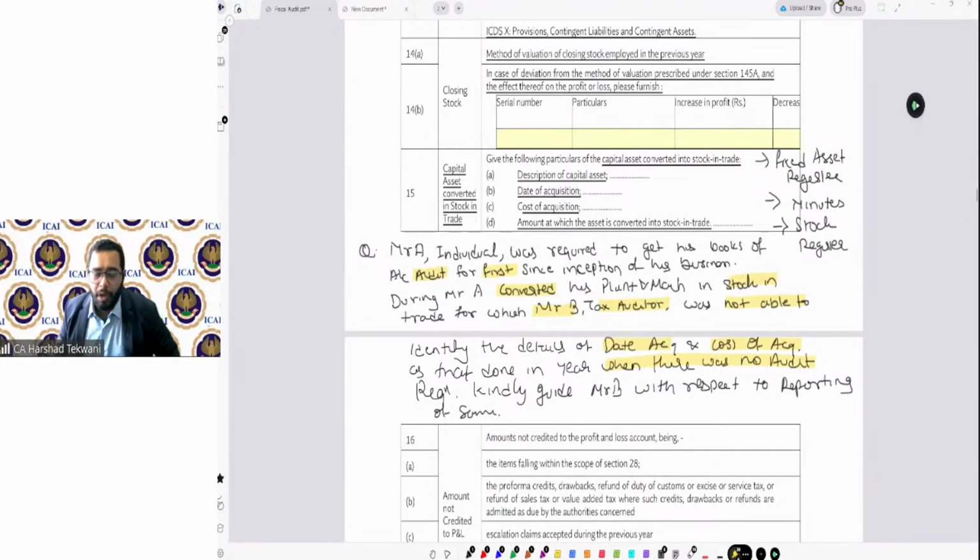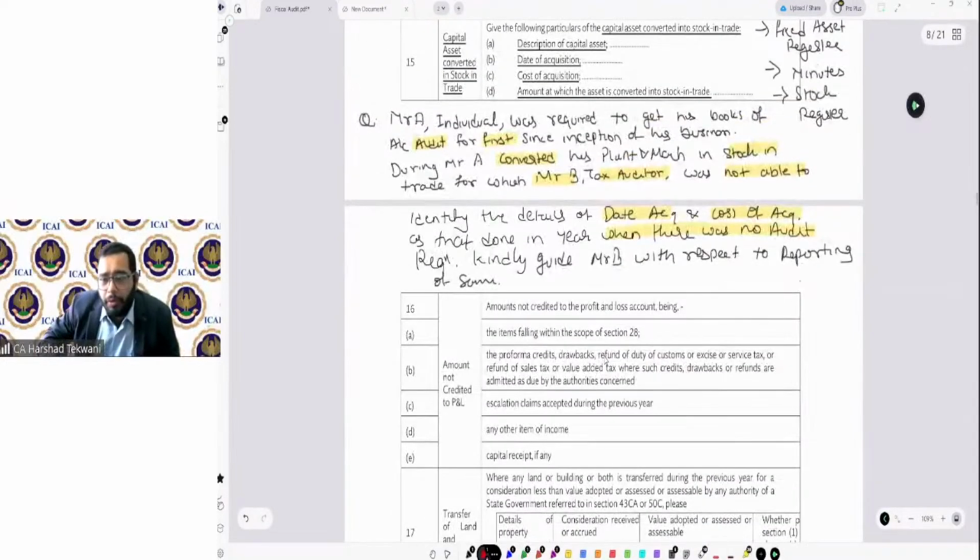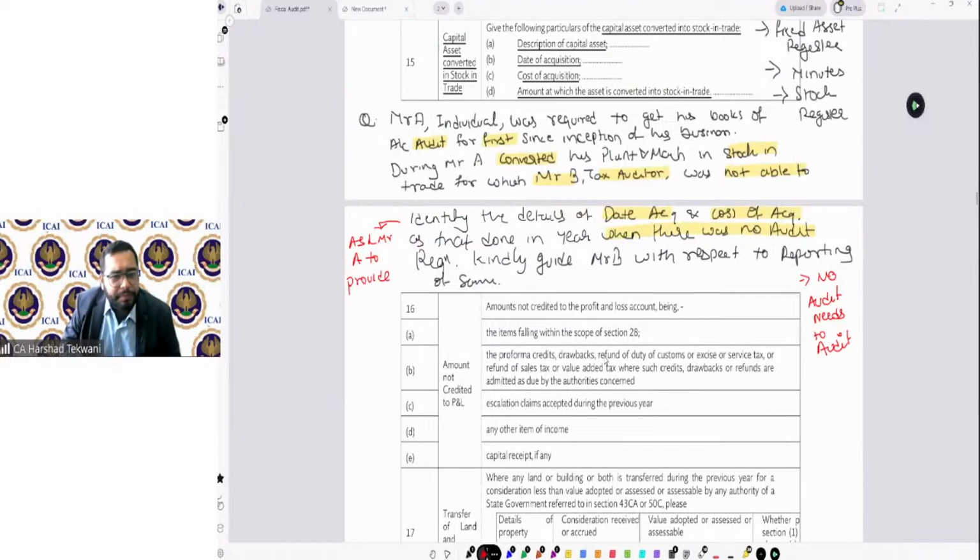Okay. Number one, can I say that it is out of my audit period? The answer is no. I need to audit. Auditors need to audit. Then from where will I get the details? I need to ask Mr. A to provide the details, or otherwise it will be a qualification.